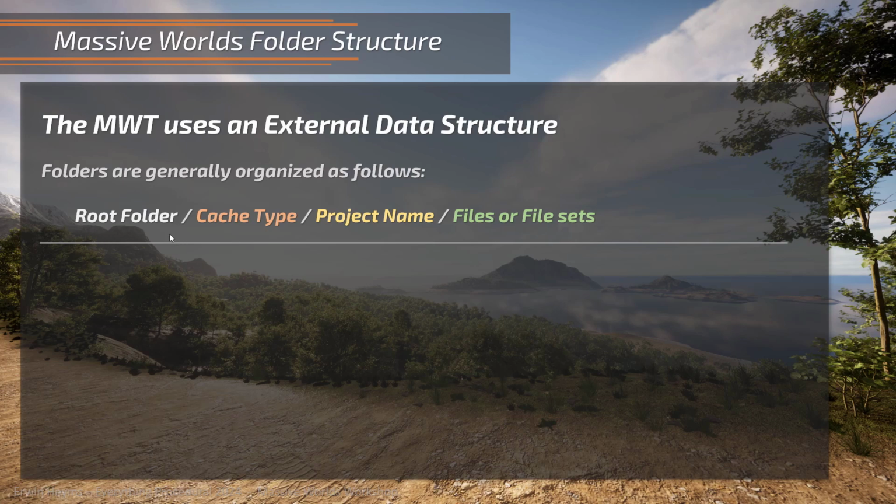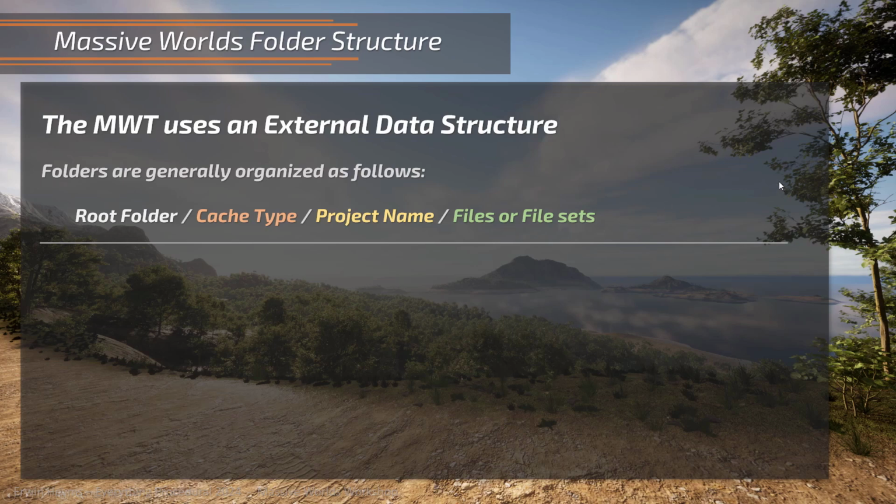We have a root folder, which is the Massive Worlds folder. Then we have the cache type. Inside of those you'll find the project name, which is synonymous to the landscape name in Unreal. Each landscape will have its own project name. This is how the system is organized. And then the files or file sets for that project, for that cache type, are located in there.